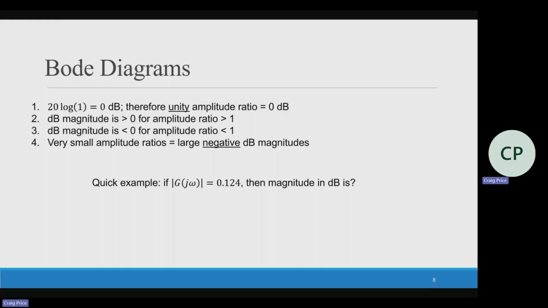What's 20 log of 0.124? I'm going to calculate this out. Negative 18.1 decibels. It is technically less than 1. It's actually less than 0. It's actually less than negative 17. This is our magnitude in decibels.